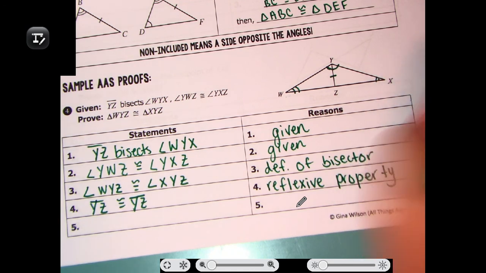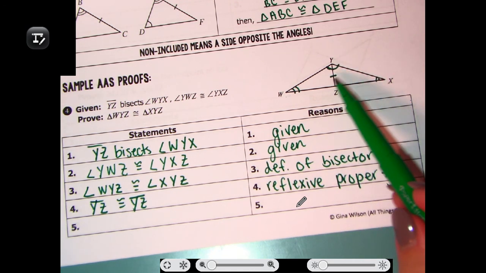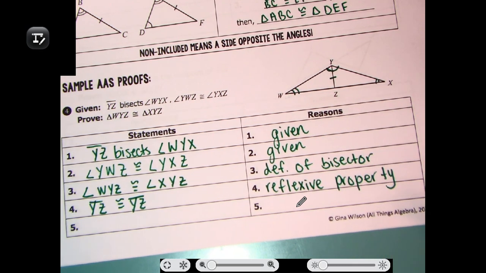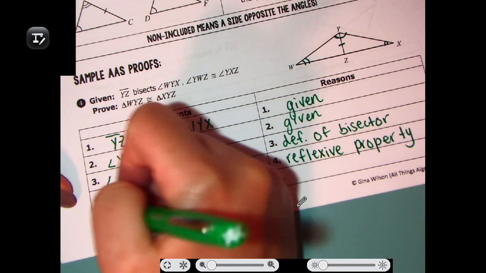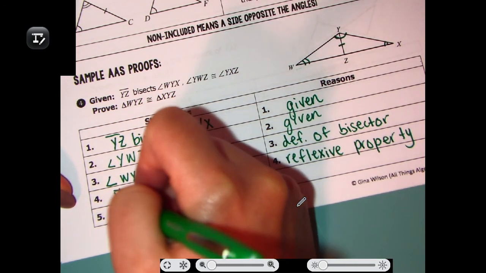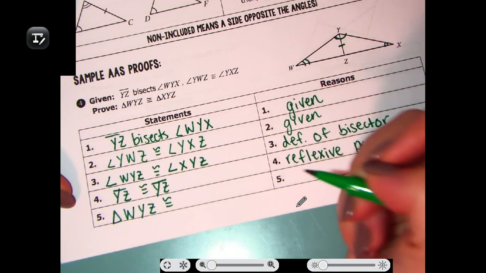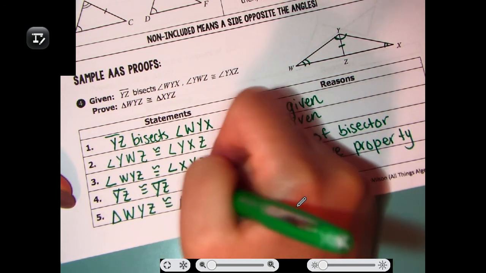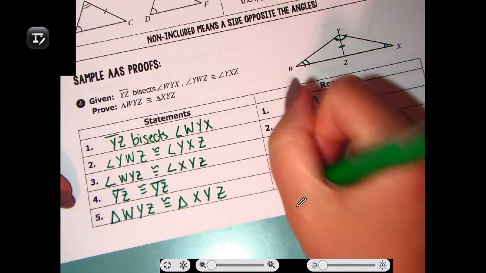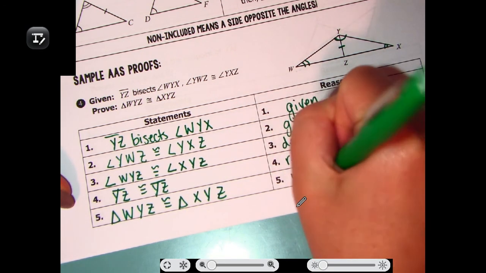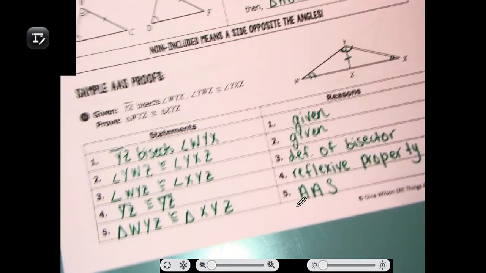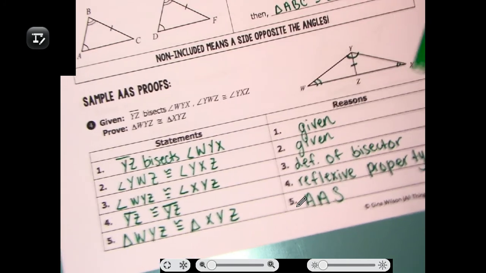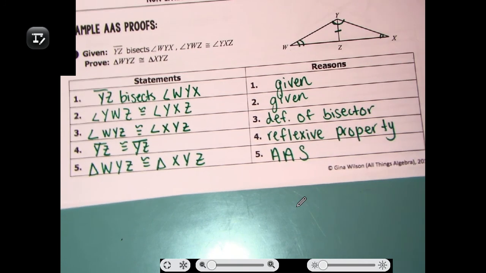And then I did it. So let's check it out. I've got angle, angle, side, angle, angle, side. Okay? So now I can write my congruency statement. Triangle WYZ is congruent to triangle XYZ by angle, angle, side. All right, so one whole proof done. I'll give you a chance, if you need to, to pause and copy that down.